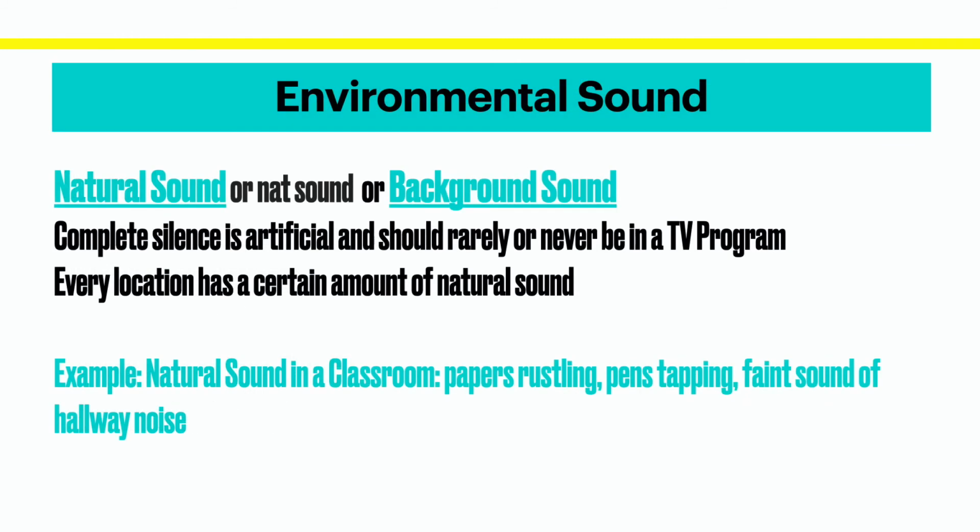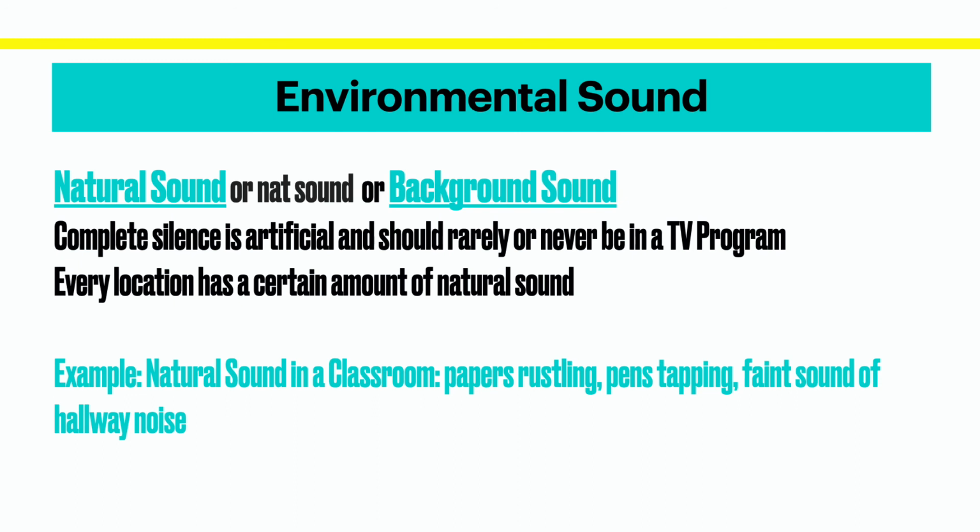Then there's something called environmental sound, which is natural sound or background sound. Natural sound is also known as nat sound. Complete silence is artificial and should very rarely be used in a TV program. Every location has a certain natural sound, no matter where you are. For example, if you're in a classroom, the natural sounds that you would hear is paper rustling or pens tapping on the desk, or you may hear the faint sound of movement in the hallway.